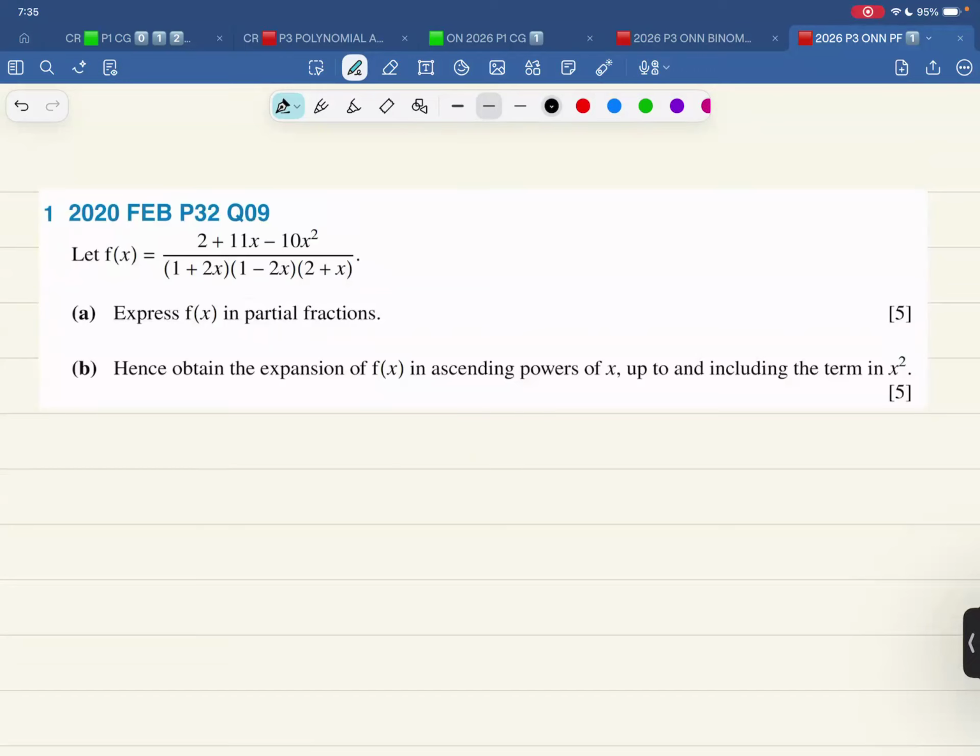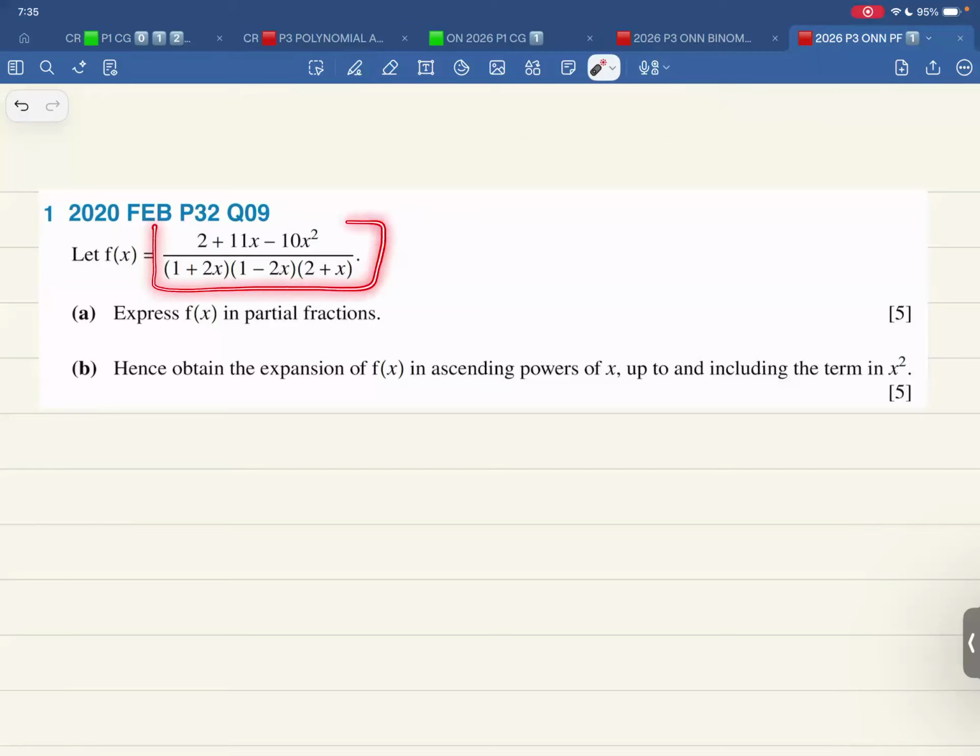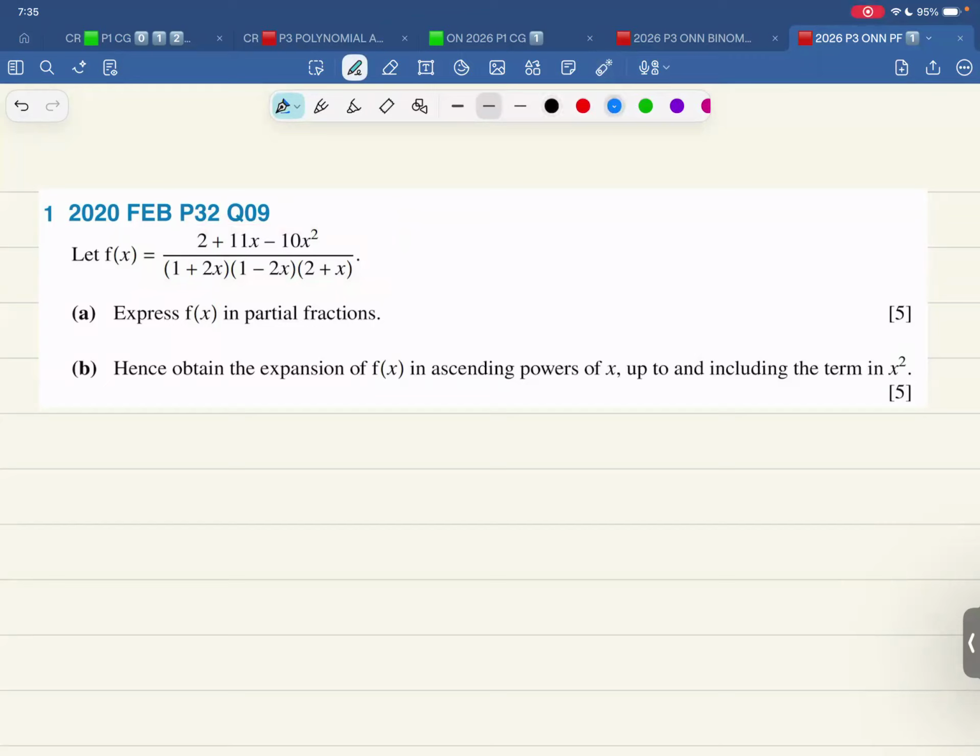How would you determine whether this is a question of a particular case? Look at the whole fraction. The first checklist is you will look at the numerator.